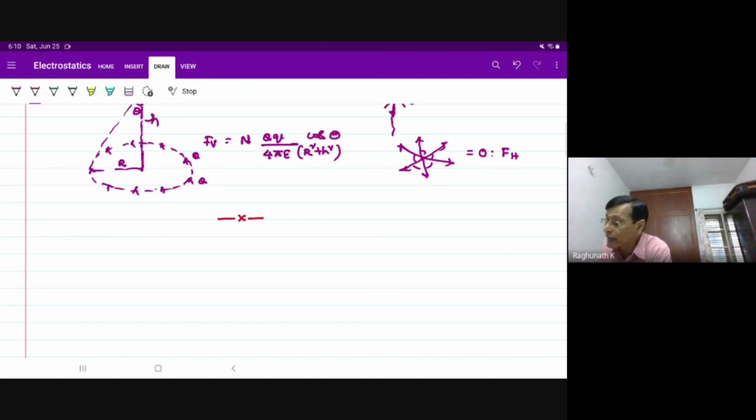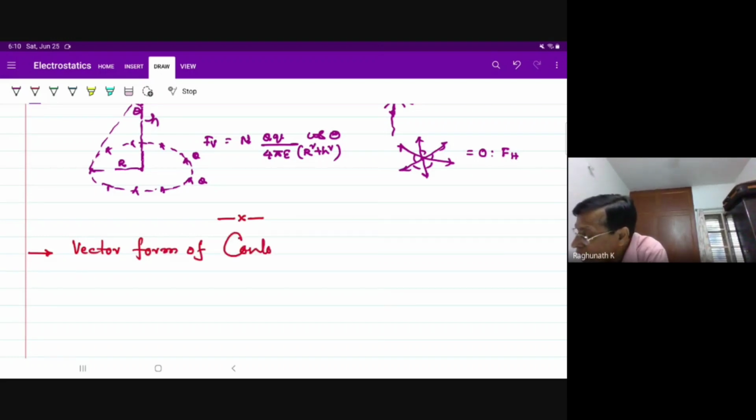The version of Coulomb's law that gives you the force in the resolved form is the vector form of Coulomb's law. Of course, here we need to give the positions where the charges are kept in the given coordinate system also.